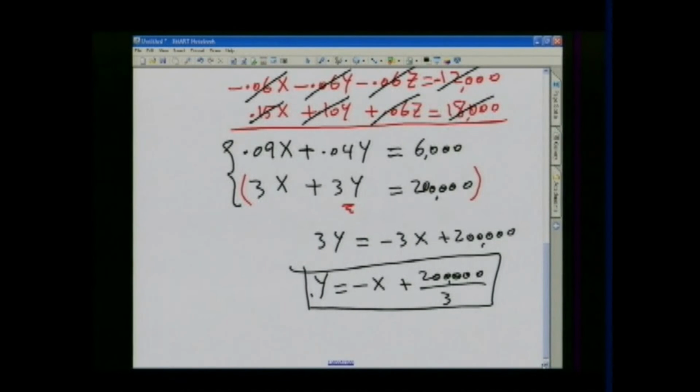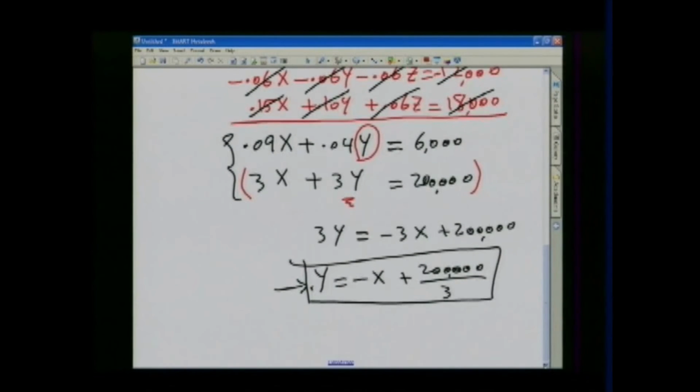That's y. Now, if I plug this y into the first equation, that's like eliminating y, and I would end up only with x. So which would be 0.09x plus 0.04 in place of y. Now I have minus x plus 200,000 divided by 3, equal 6,000.